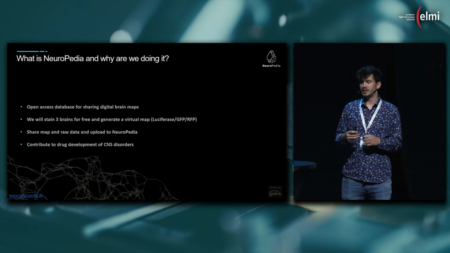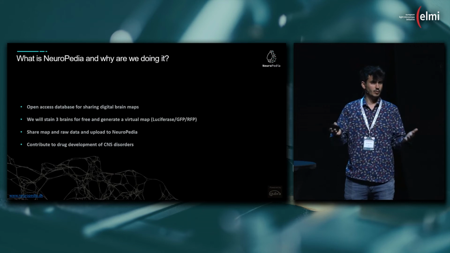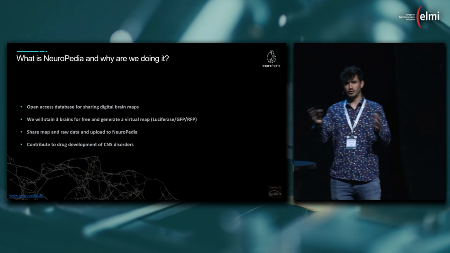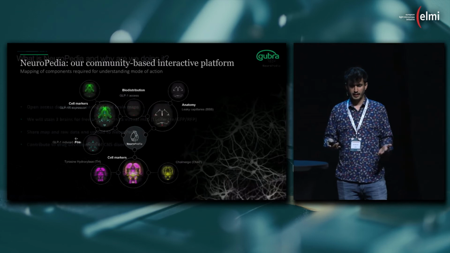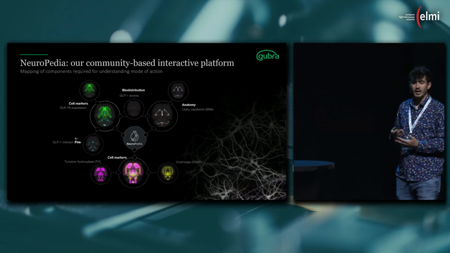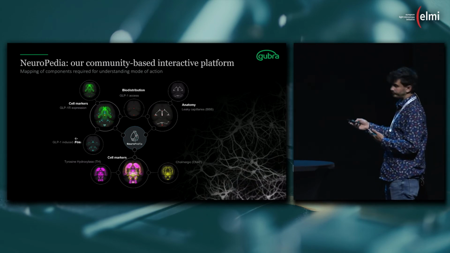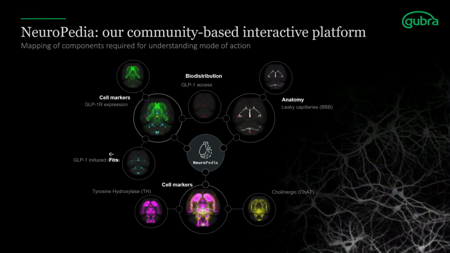For that, we set up a collaboration where we can receive 3 brains from any lab that is interested. We will clear them, image them, and produce a reference map that we will share back with you, but also with the community. The final result is that we can overlay different information in a single map. For instance, here we start with a CFOS response to glucagon-like peptide, a peptide that can be injected and produces this CFOS fingerprint.